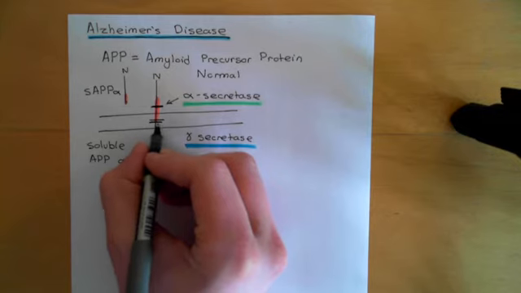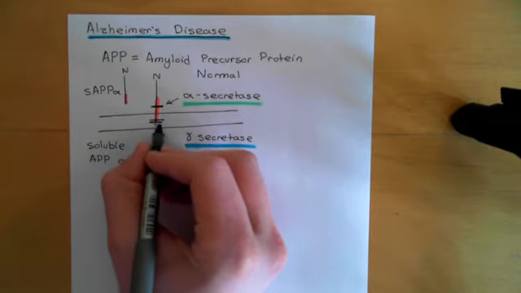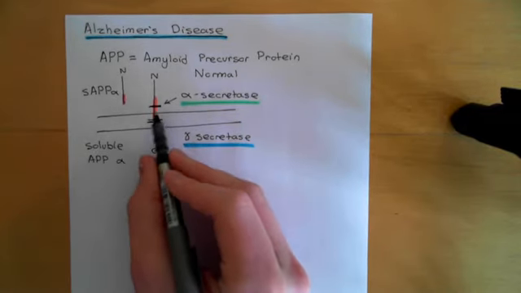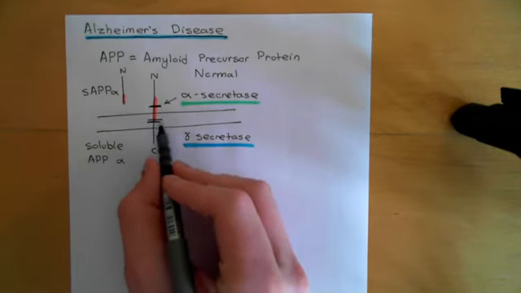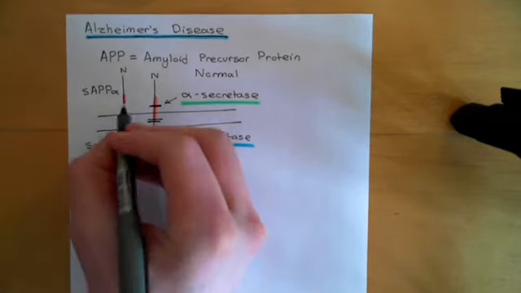So gamma secretase can choose 2 different sites to cut, and the difference between them is 2 amino acids. So if it cuts at this first site, the higher one up, then you'll get this short little red portion here. And if it cuts at the one below, that little red portion that you're going to produce will be 2 amino acids longer.